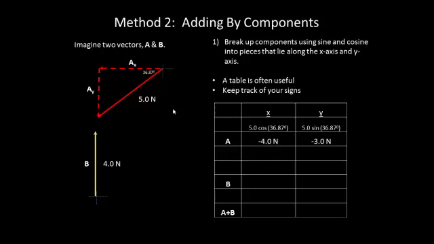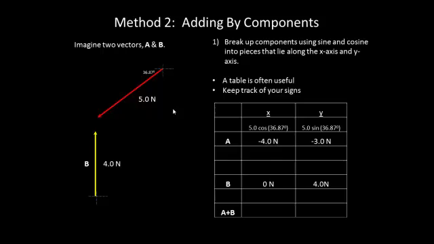The A sub y component is 5 times the sine of 36.87 degrees. Notice the negative signs. For both A sub x and A sub y, they are pointed in the negative direction. Notice that I chose this special angle of 36.87 degrees because it is part of a 3, 4, 5 triangle.